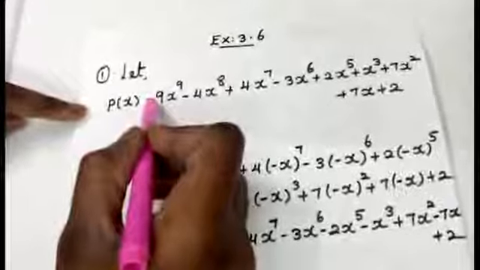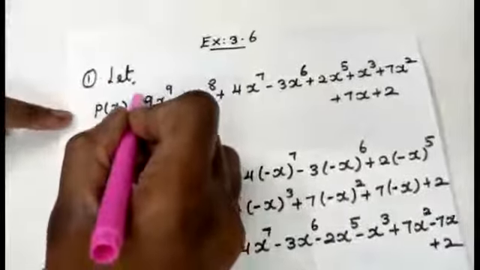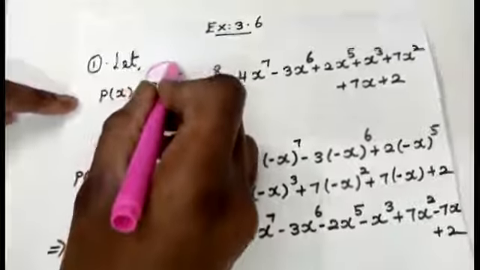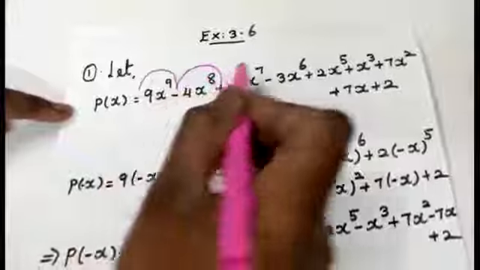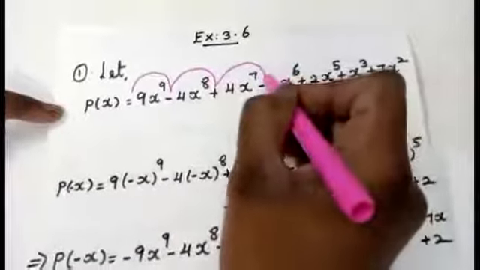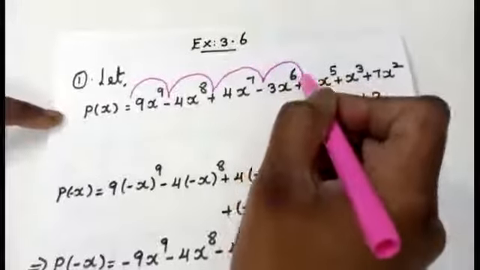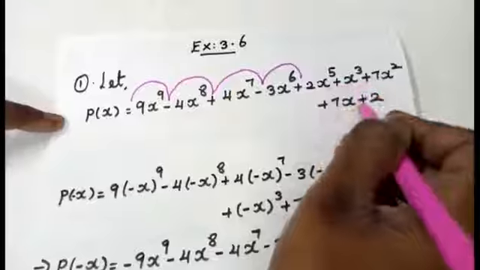Just to see how I am going to do it. The first one is positive. From positive the sign changes to negative. Again negative to positive. Again positive to negative. Again negative to positive. Now if you look here, everything is positive, so there is no sign change.